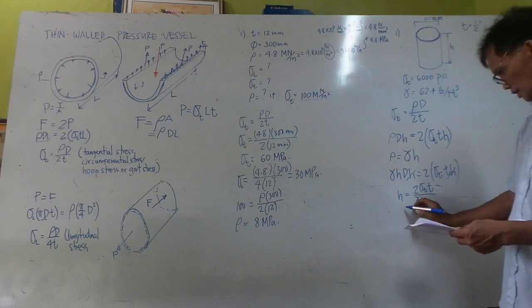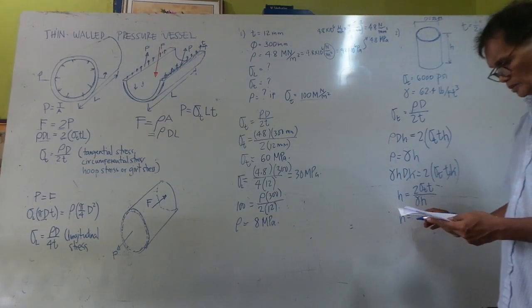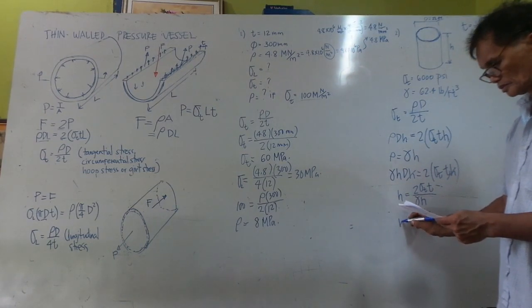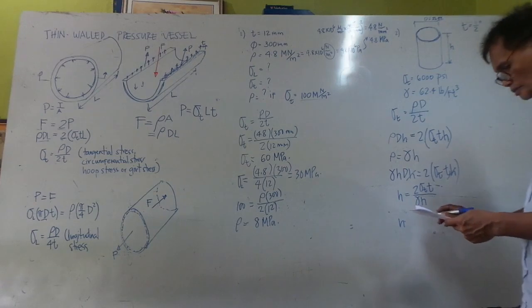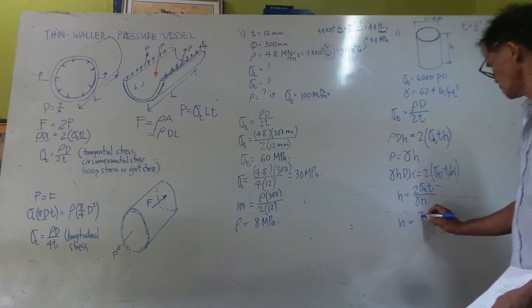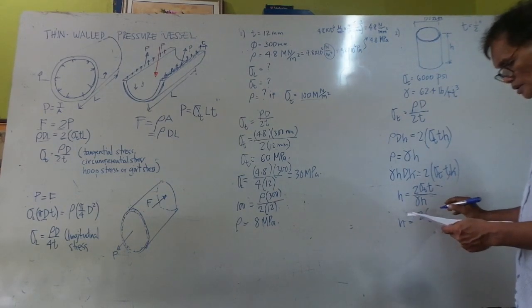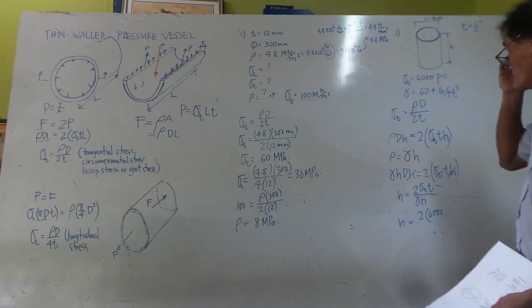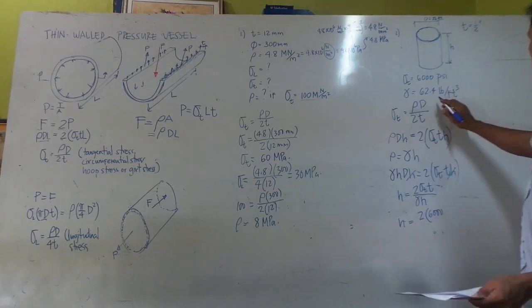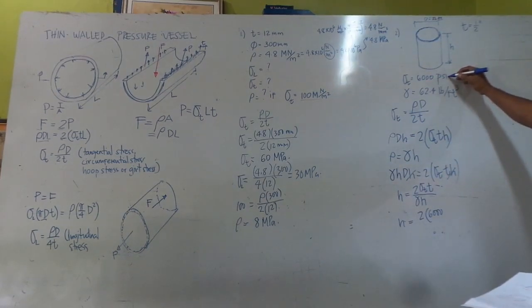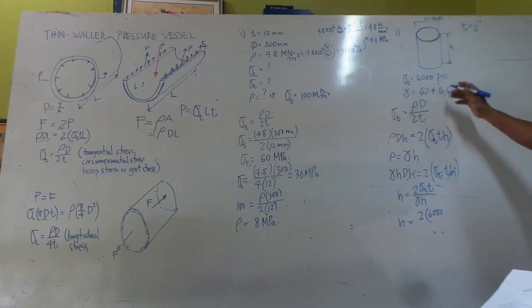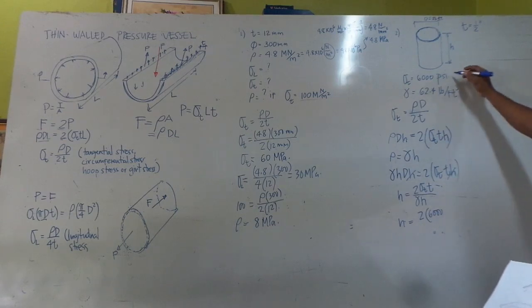Substituting this one, we have 2 times tangential stress 6,000. Take note that this is psi, pounds per inch squared, while the diameter is in feet. It is better to convert to feet.